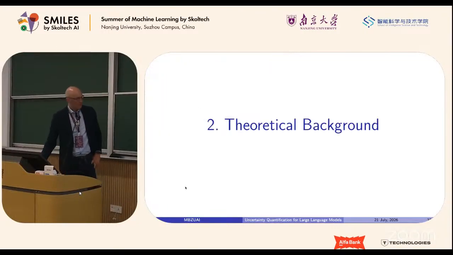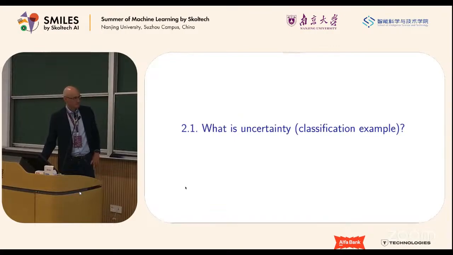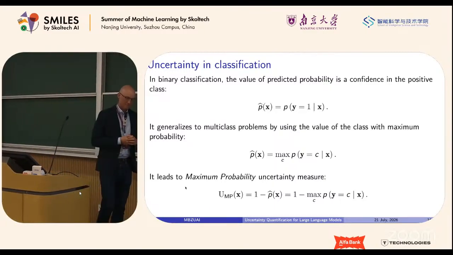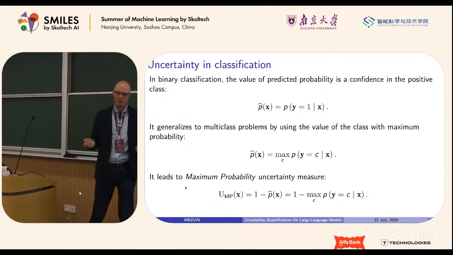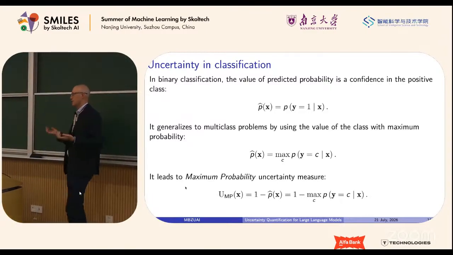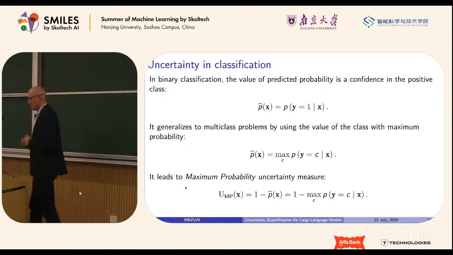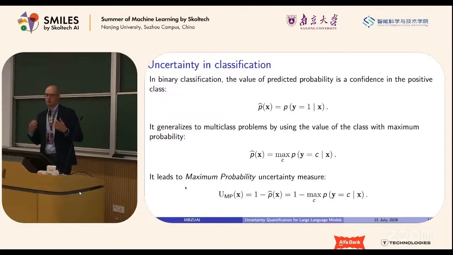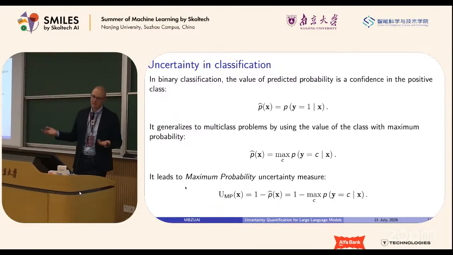Right, so a little bit of theory. What uncertainty is, we'll first start with a classification example and then gradually move to LLMs. As you probably know, language models, and not only language models but basically most of the neural networks we use today, are equipped with a softmax layer that produces softmax probabilities.